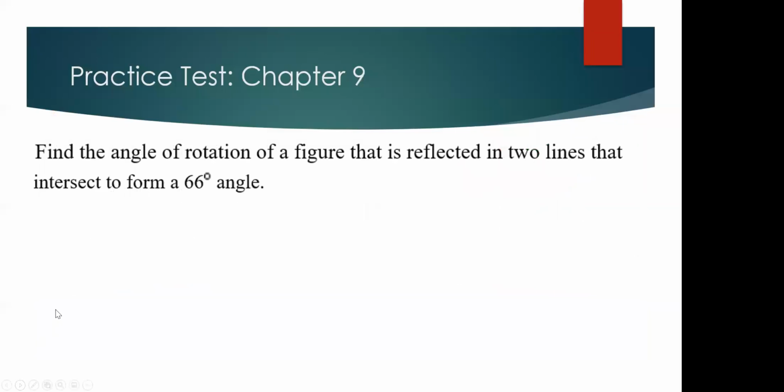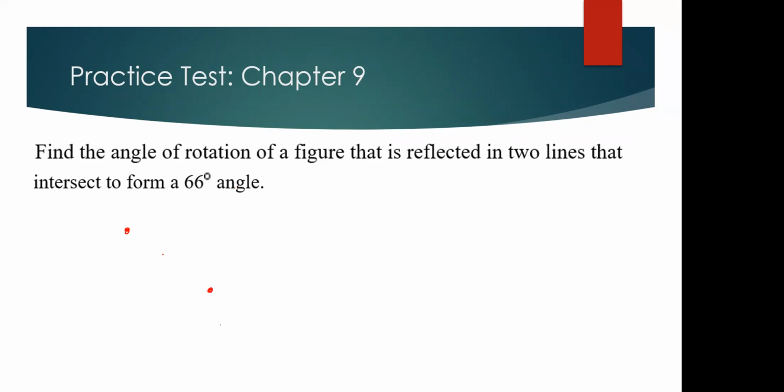Same amount of rotation. So here it says to find the angle of rotation of a figure that is reflected in two lines that intersect to form a 66-degree angle. So you have this figure, we can make it 2 points.